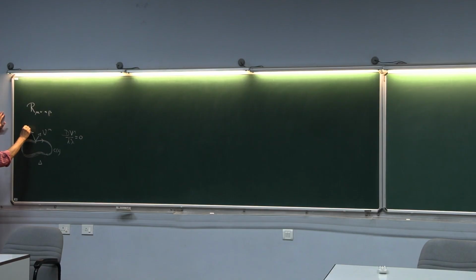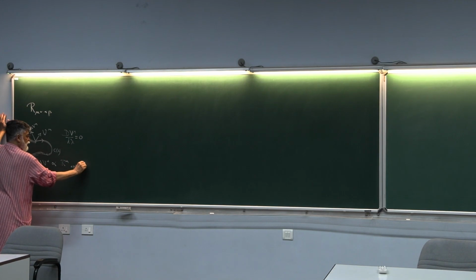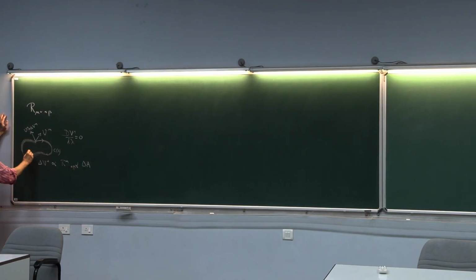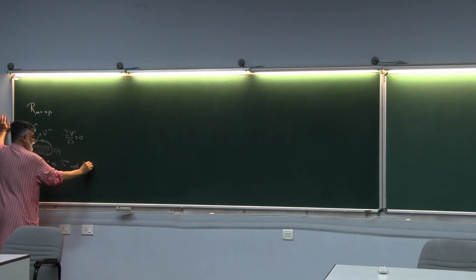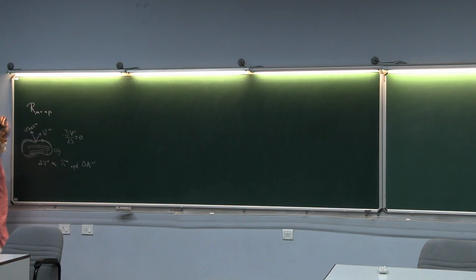So this is v mu plus delta v mu, and this delta v mu is proportional to the Riemann tensor and the area element, the area enclosed within this contour, which will have indices alpha, beta, gamma and so on. So that is the geometrical significance of the Riemann tensor.